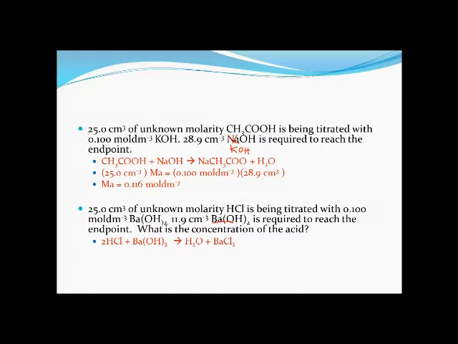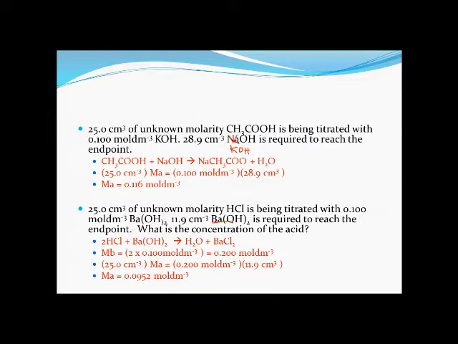So that's what I meant on the other slide about what we'd want to do if we want to use that little shortcut equation: multiply the concentration of the base by 2. Then we can put it into the formula and solve as we did before.